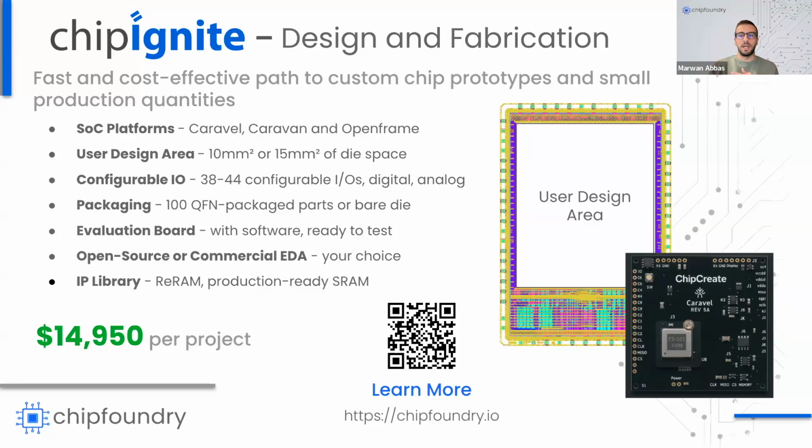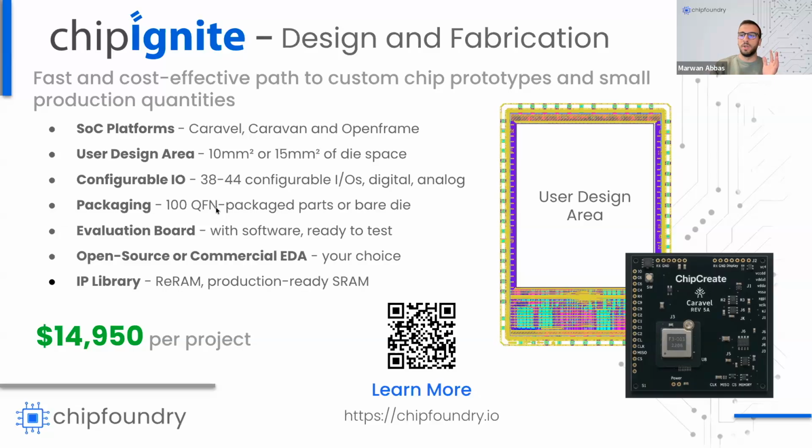And basically how it works is that we have multiple SoC platforms. We have Caravelle, Caravan, and OpenFrame. They support different kinds of designs, so we're gonna be focusing on OpenFrame today. And they're standard templates, so that's what you use when you go through the Chip Ignite program.